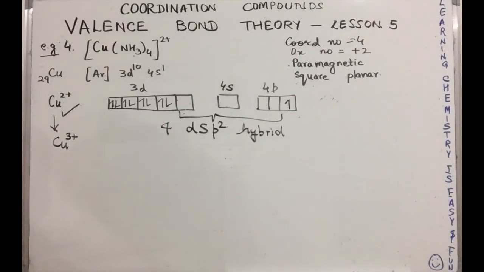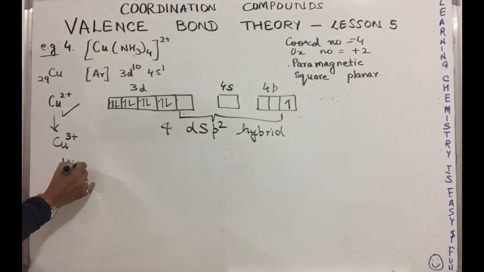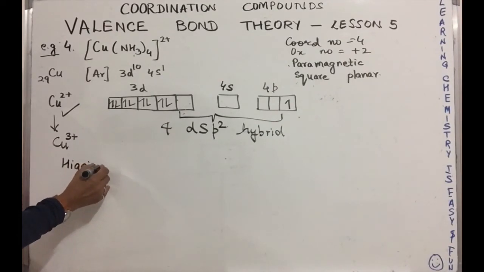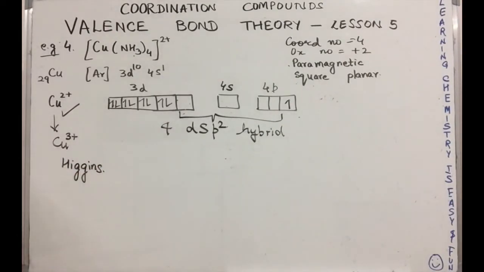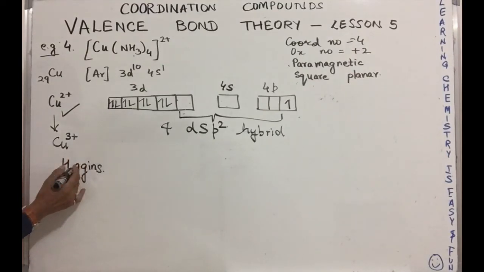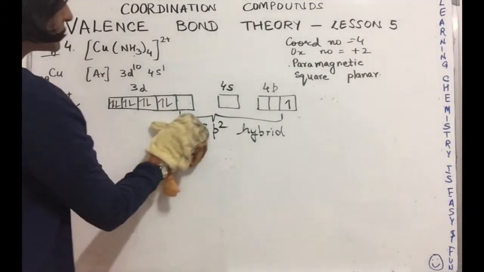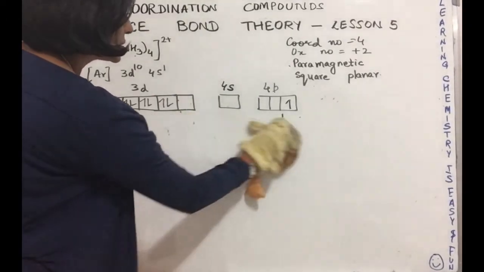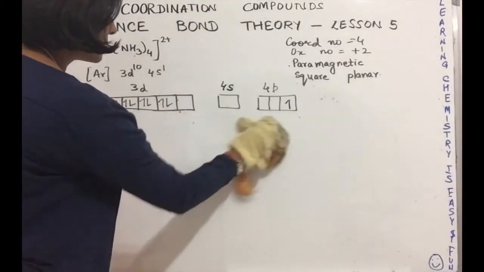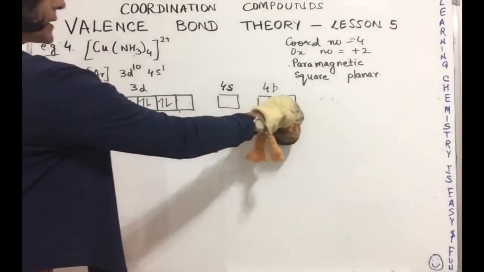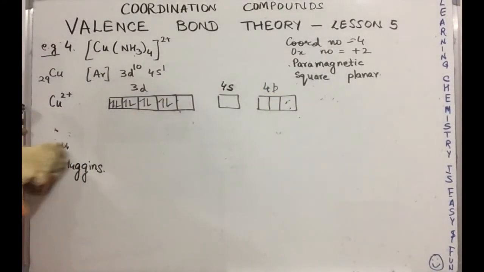Did you spend time thinking? Okay. Now it's a very weird explanation, but it was given by Higgins in order to explain and go along with the observed experimental behavior. So let's go on to the explanation provided by Higgins. He said it is paramagnetic. Okay, agreed.